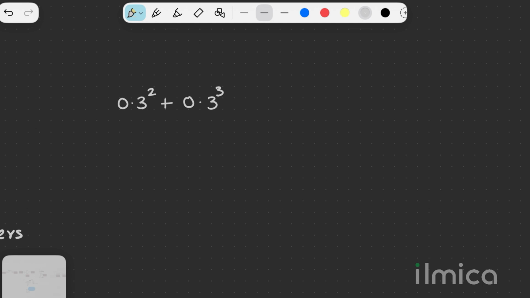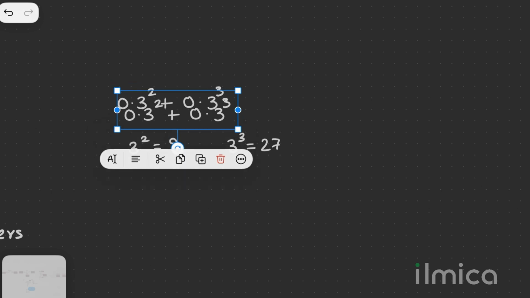Well, if you have been able to do it, I hope, remember that you first write down 3 square, which is 9, 3 cube, which is 27. You should just memorize some of these squares and cubes. So because 3 square is 9, we will rewrite the expression that was given over here.